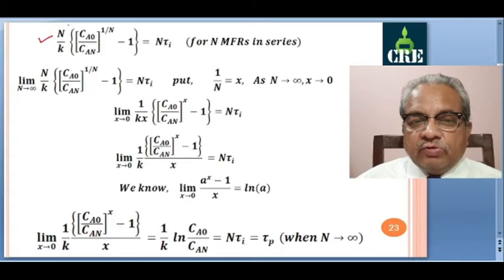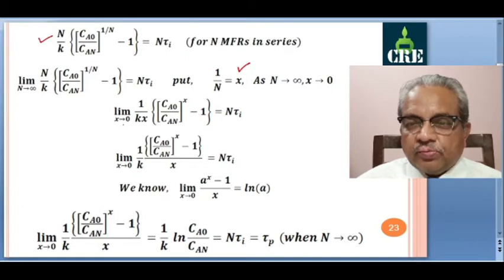So when n is very large, or n tending to infinity, if I want to solve this, 1 upon infinity is 0, so this form we cannot determine. What we do is we put x as 1 by n, so as n tends to infinity, x tends to 0, so the limit changes from n tends to infinity to x tends to 0.